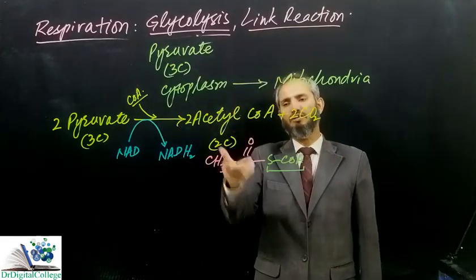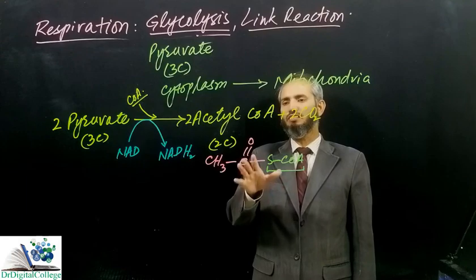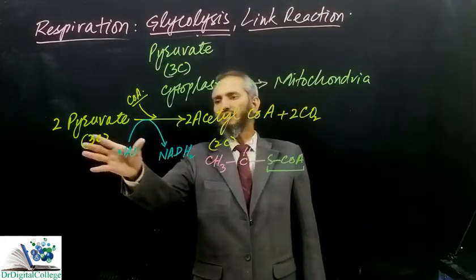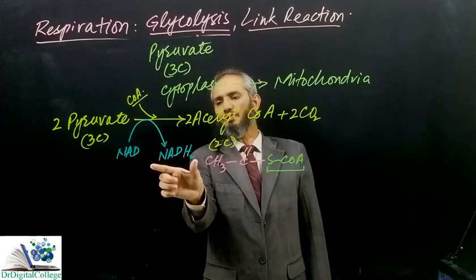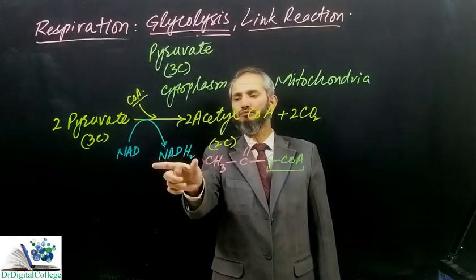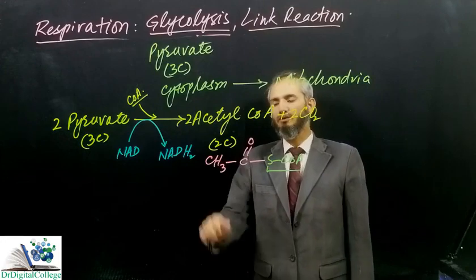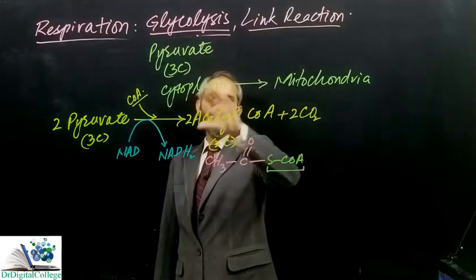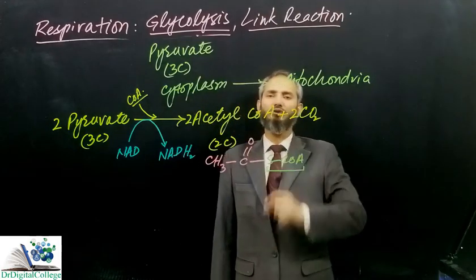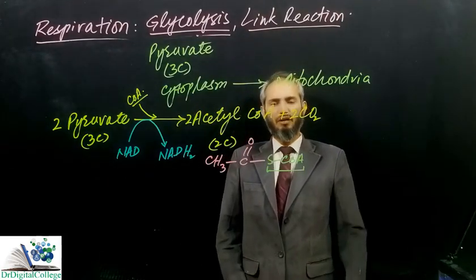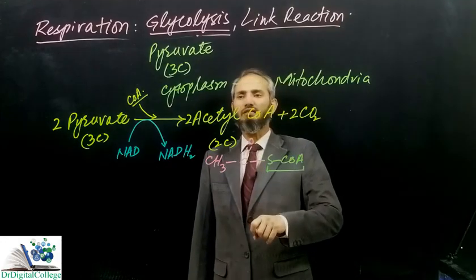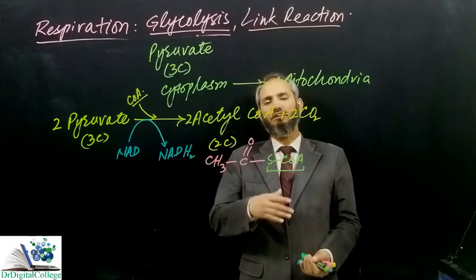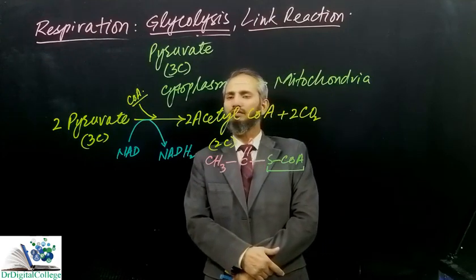There are some intermediate steps, but during those steps there is no energy change or carbon change. The energy from this oxidation process has been stored in NADH2, the reduced form of NAD, which will be given out in the next stage. Now this stage in the mitochondria will occur only if oxygen is available. If oxygen deficiency is there, then some of the pyruvate will not enter the mitochondria, rather it will go for anaerobic respiration.